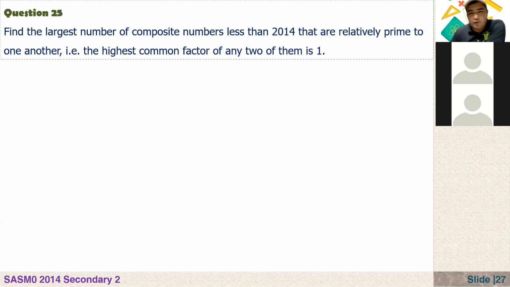Because 2014 is 2 times 107, and 107, I think, is divisible by 19.